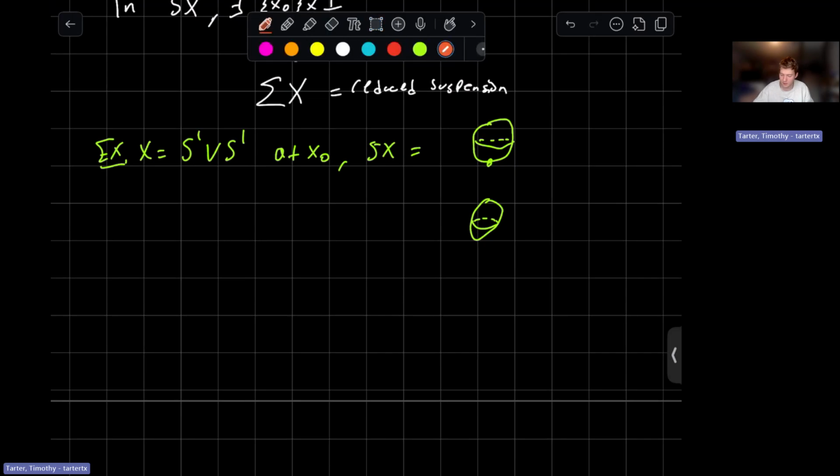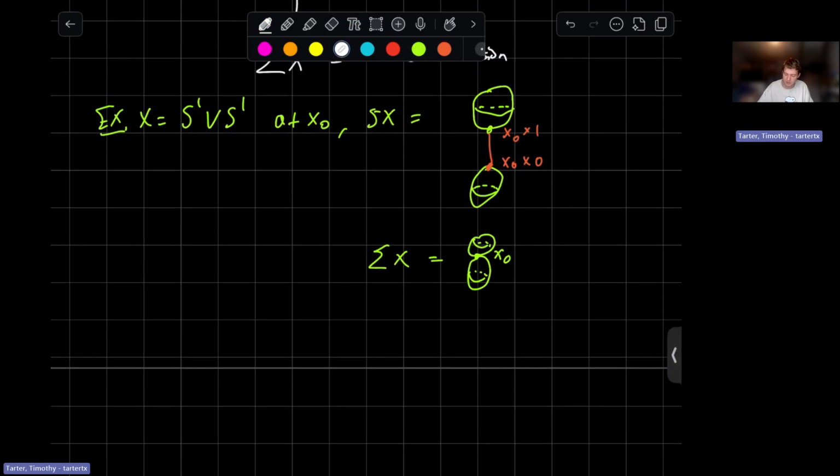But maybe this is x naught cross 0. This is x naught cross 1. And then the reduced suspension, sigma x, is just at x naught.